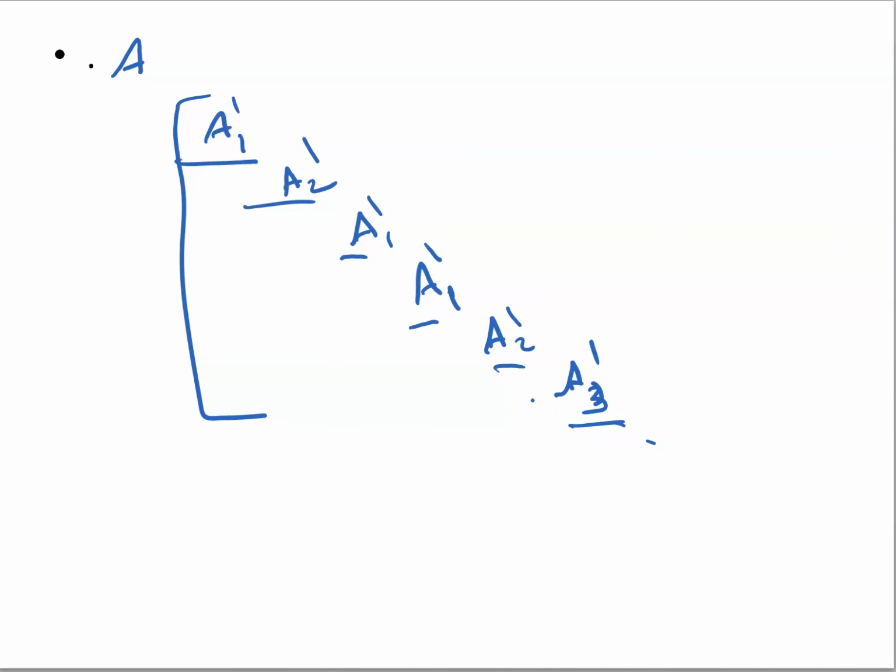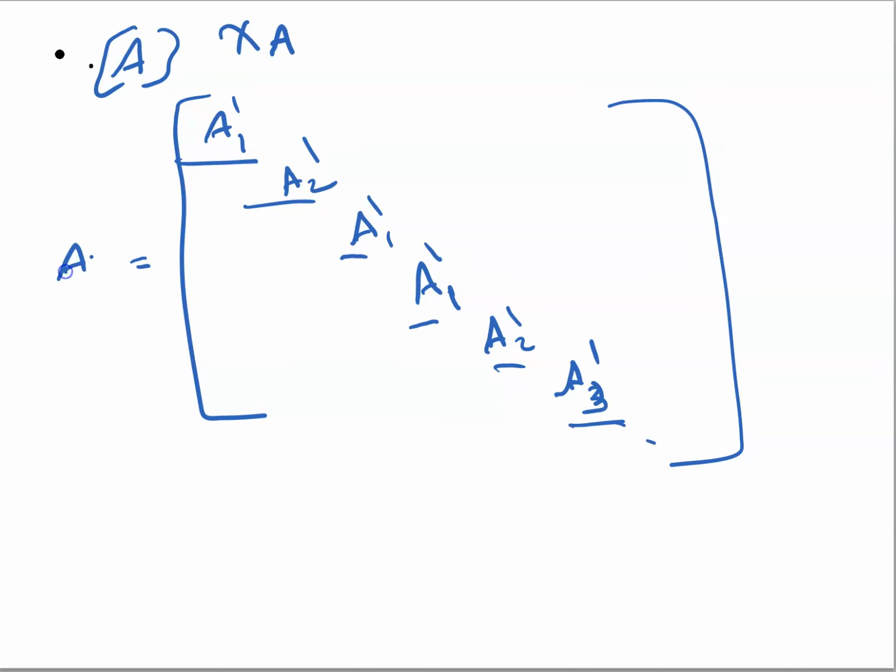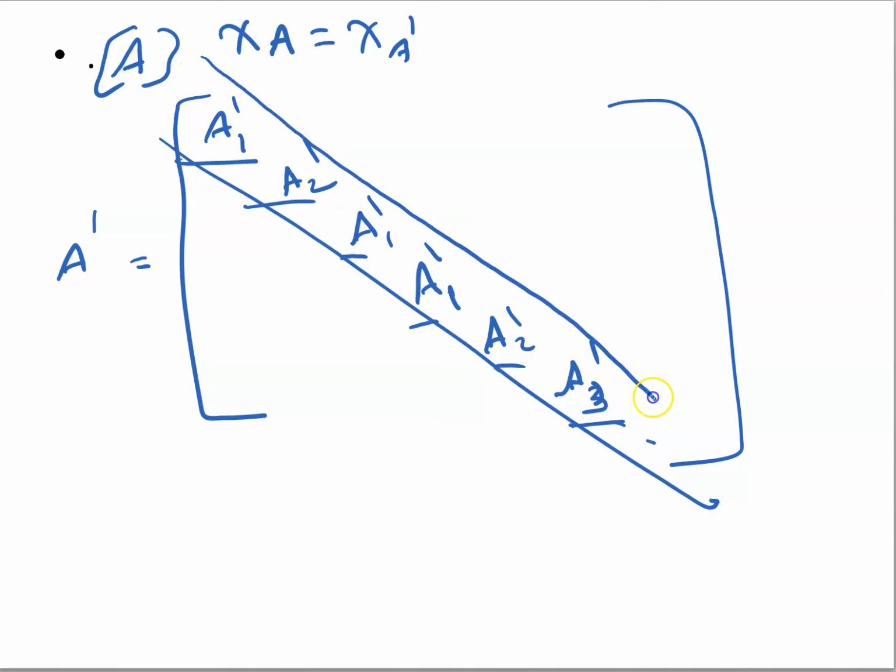Then according to our rule of similarity transformation, the character of the matrices does not change. That is, the character of the original matrix, chi A, is equal to the character of this matrix, suppose I am writing this A dash. So chi A is equal to chi A dash. And chi A dash is equal to the sum of the characters of all these diagonally block factored matrices. And these diagonally block factored matrices are IRs, irreducible representations.